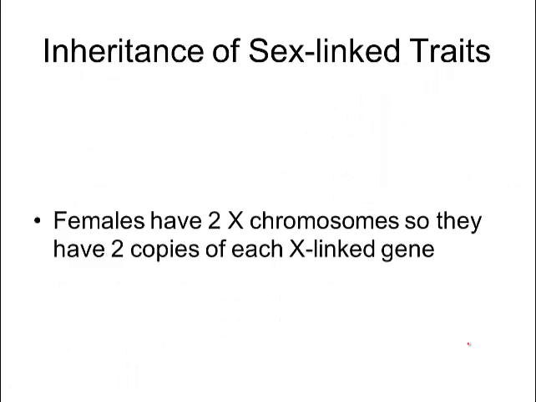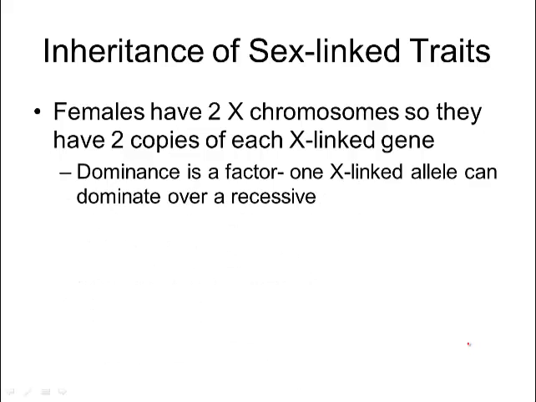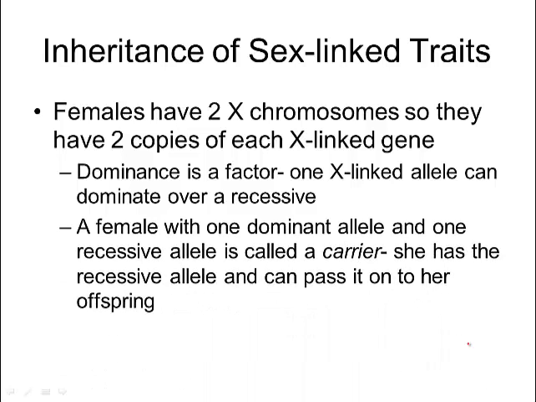When we look at females, again, we have two X chromosomes in a female, so we have two copies of every X-linked gene. So dominance can be a factor here. You can have one X-linked allele that can dominate over a recessive if you're a girl. Again, if you're a boy, you only have the one X, so whatever's on there you're going to show. This also means that females can be what's called a carrier.